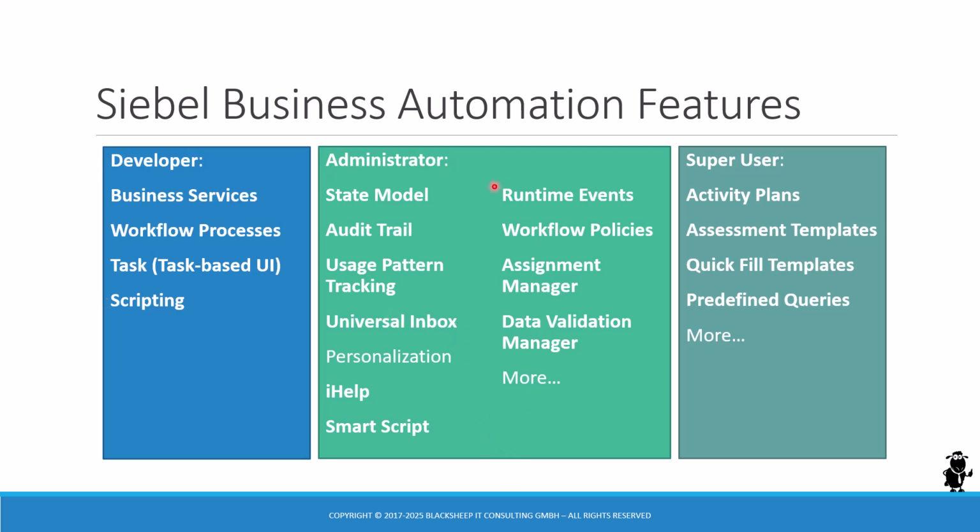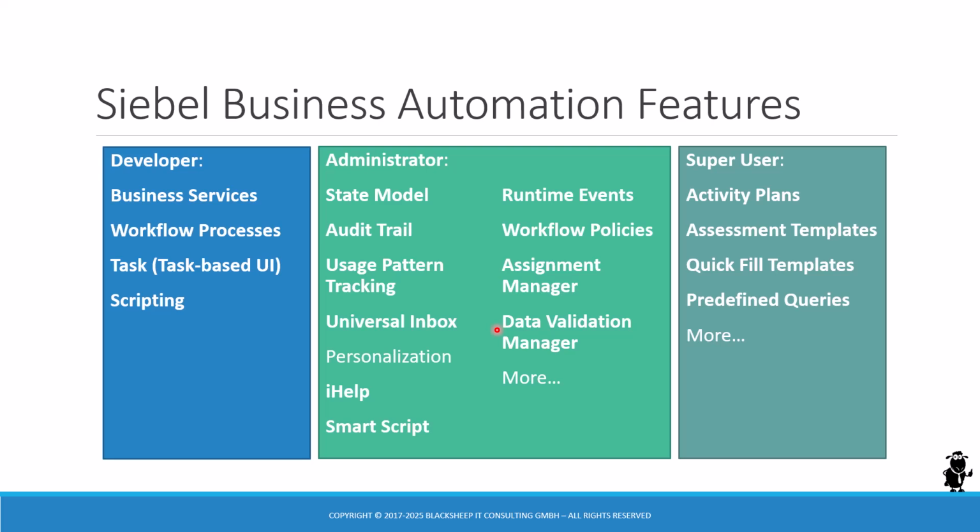And then we focus, that's the centerpiece of the whole course, the administrative business automation features such as state model, audit trail, usage pattern tracking, universal inbox, iHelp, SmartScript, runtime events, workflow policies, assignment manager, and data validation manager.